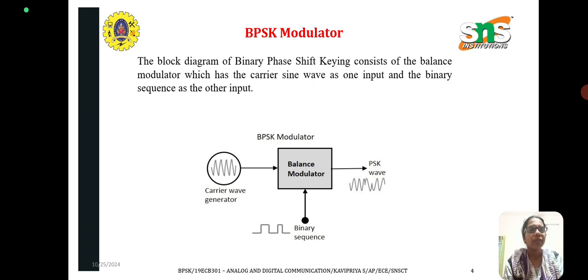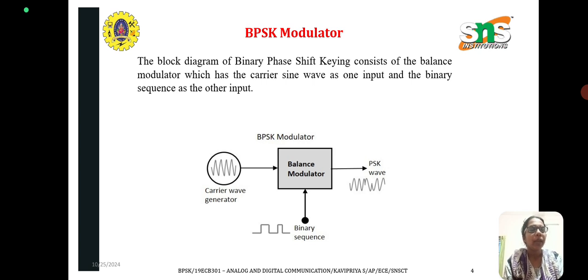The carrier wave generator generates the carrier signal, which is given as one input to the balanced modulator. The other input is the input signal, which is a digital signal. Based on the input signal, the carrier wave phase will be varied and given as output, which we call the phase shift keying output.